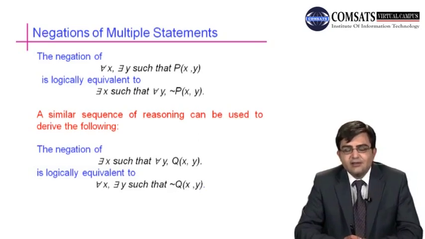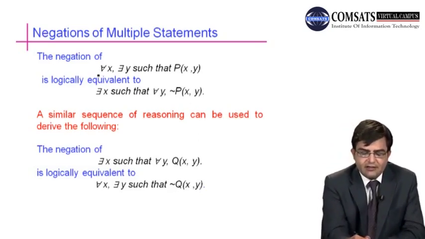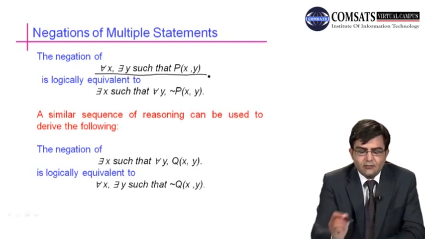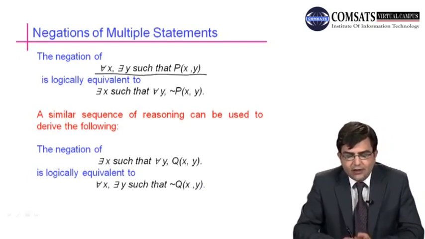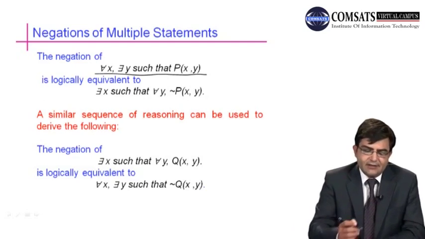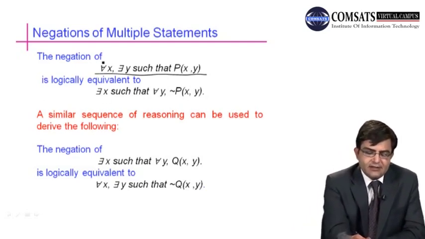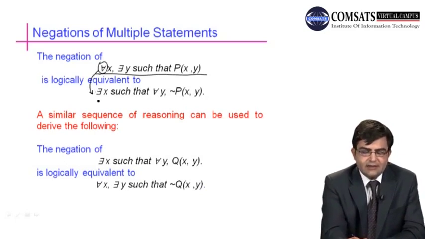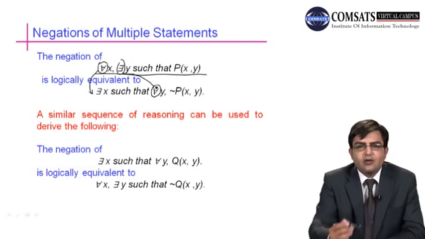To take the negation of such statements, for example, we are given this statement: for all x there exists y such that p of x y is true. Then how shall we negate this statement? As in the previous lecture, the universal quantifier will be converted to the existential quantifier, and the existential quantifier will be converted to the universal quantifier.